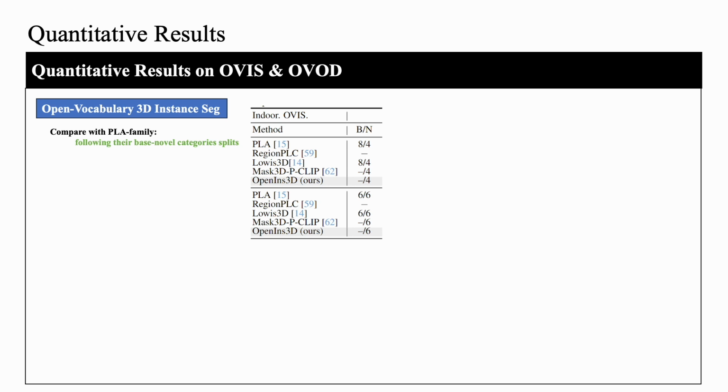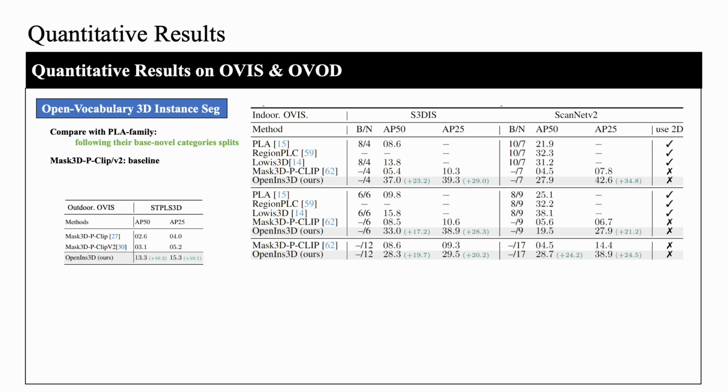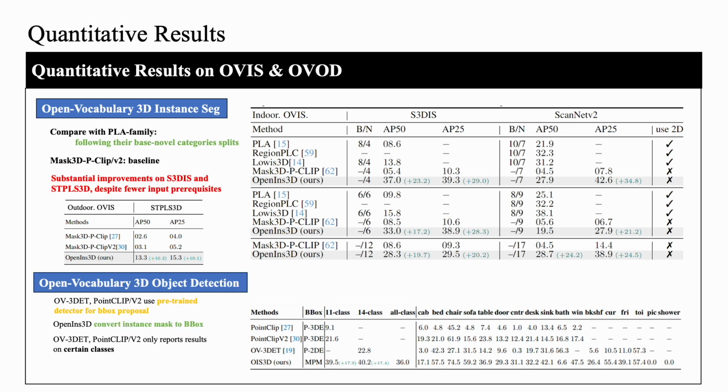PLA is trained with base categories and tests on the novel categories. Moreover, we test our results on the outdoor dataset STPLS3D compared with PointCLIP and PointCLIP v2. In the object detection task, we convert the mask proposals into bounding boxes and achieve significant improvement compared to all other models.